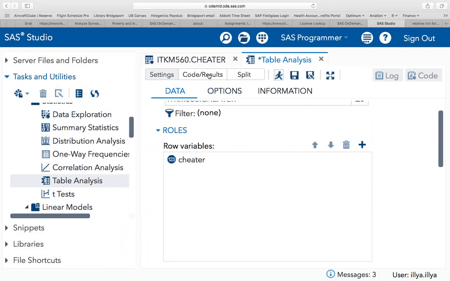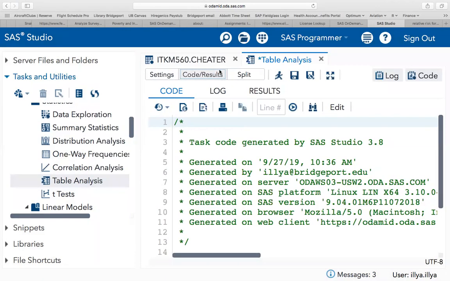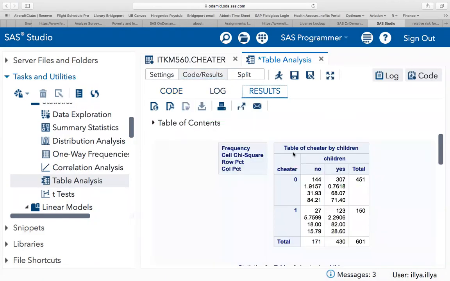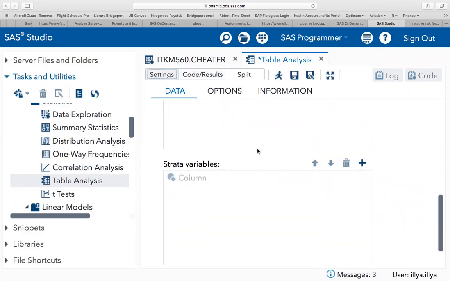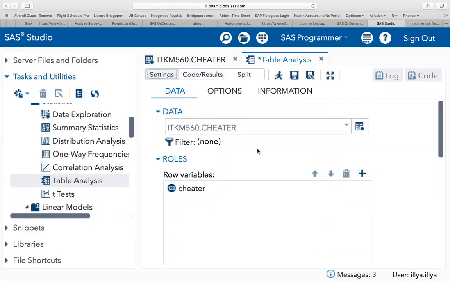So let's look at our results here. Oh, did I not run this? Cheater, occupation. It's not letting me run this, probably because it's not seeing it as a category.